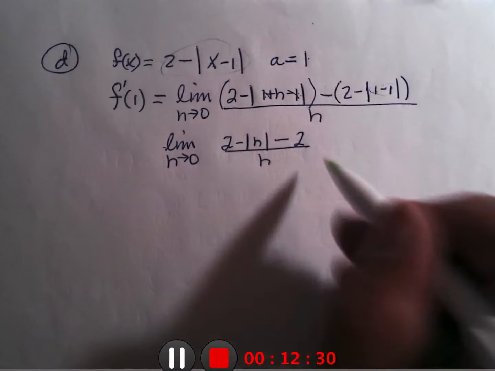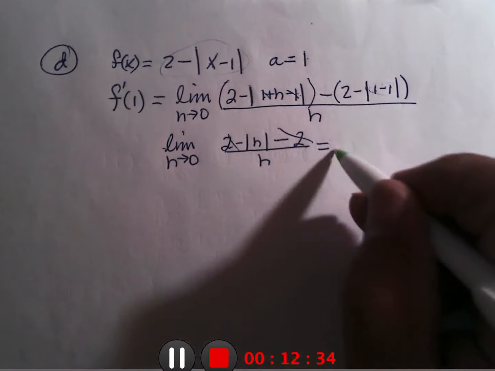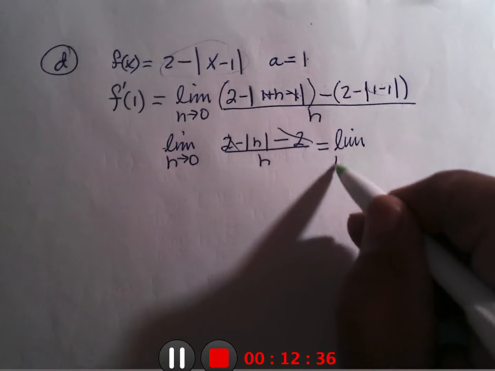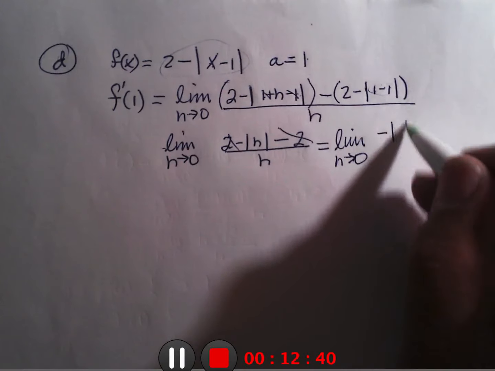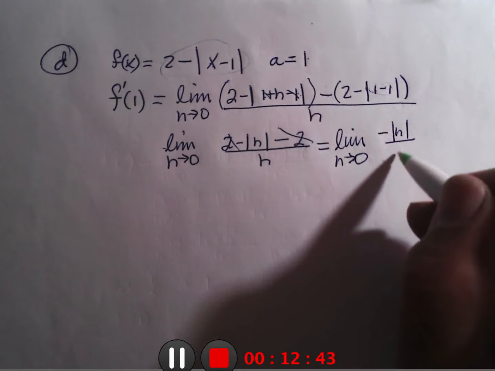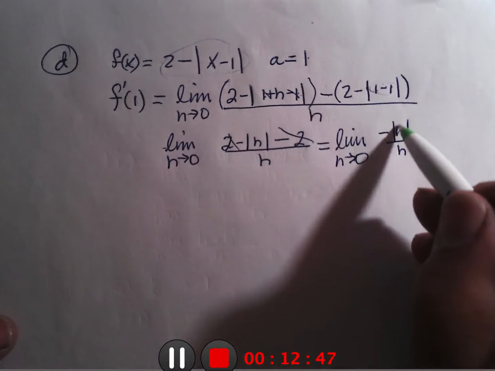More cleaning up. Limit as h approaches 0 of negative absolute value of h over h. Now, we're supposed to figure out what this looks like close to 0.